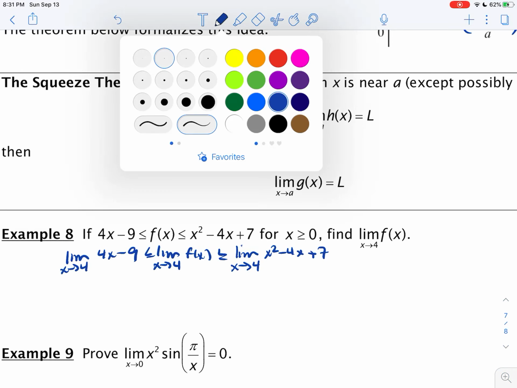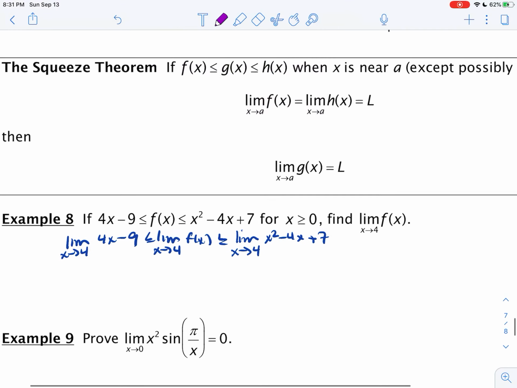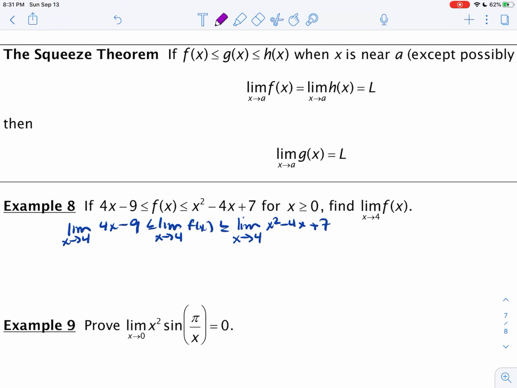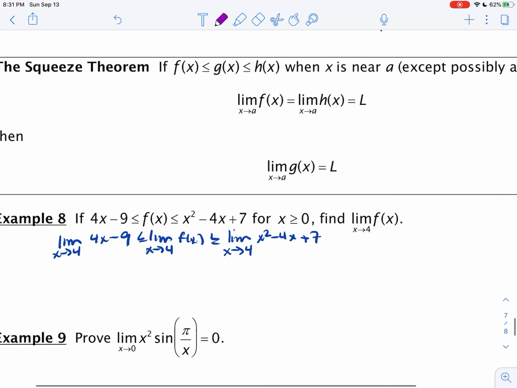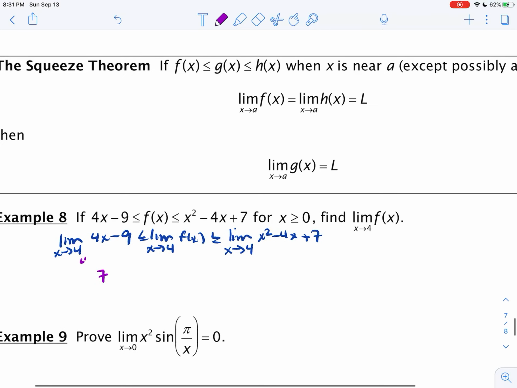And if we're going to evaluate our limits, we go ahead and substitute the value of a into our expression. And so we get 16 minus 9, and 16 minus 9 here is 7. And that's going to be less than or equal to the limit as x approaches 4 of f of x.